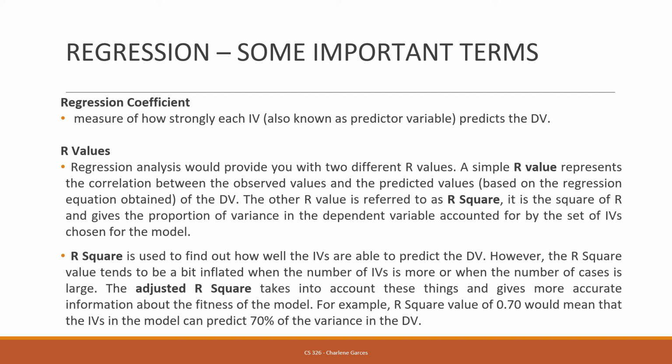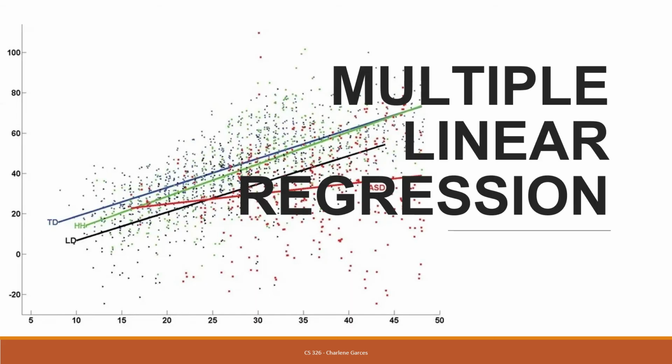So we have the regression coefficient, a measure of how strongly each predictor variable, also known as independent variable (IDV), predicts the DV, or dependent variable. Then the R values, which relate to the result of the formula that you're going to use.